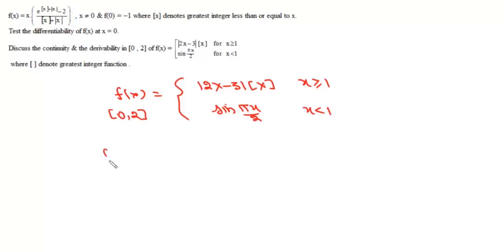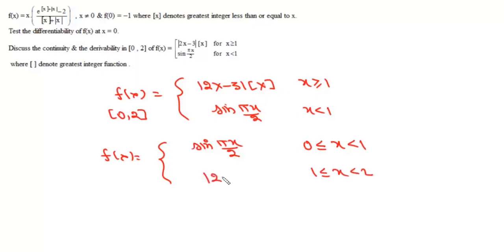Now what we'll do is, we'll write this f(x) as sine pi x by 2 when x lies between 0 and 1. Now when x lies between 1 and 2, in that case greatest integer function of x is 1. So it will be this mod of 2x minus 3, and when x is 2, this value will be 2 into 1, which is 2.